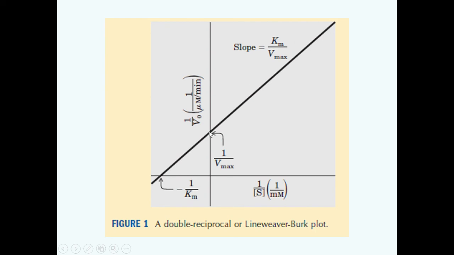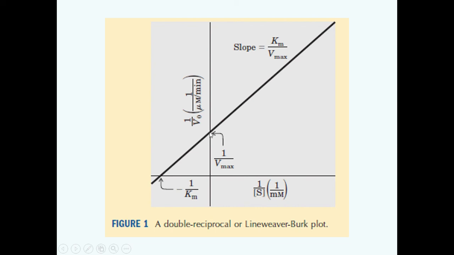The line is projected into the second quadrant of the graph. The point where the line meets the y-axis gives the reciprocal of the maximum rate of reaction. And the point where the line meets the x-axis in the second quadrant is the reciprocal of the Km. So we find these two intercepts.